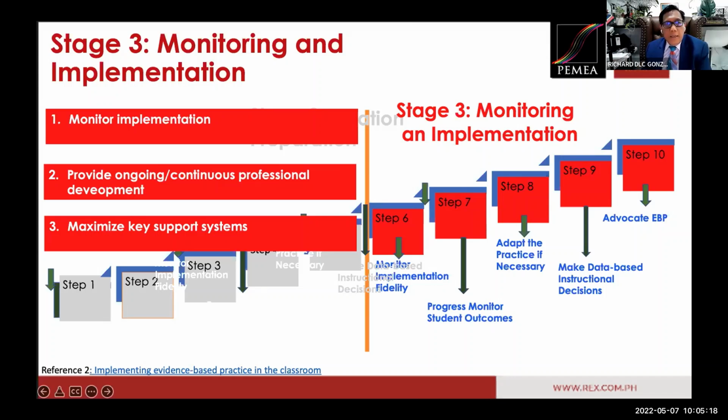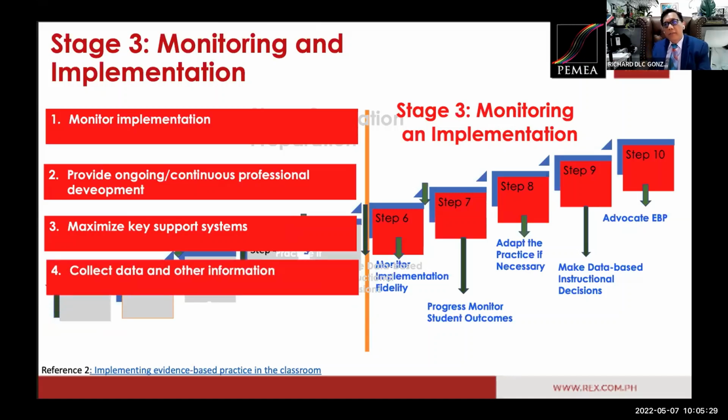Next is the importance of data collection. Data collection and gathering of information about the EBP should be an ongoing process. Not just because you have collected a set of data and you have done your research, that's it.